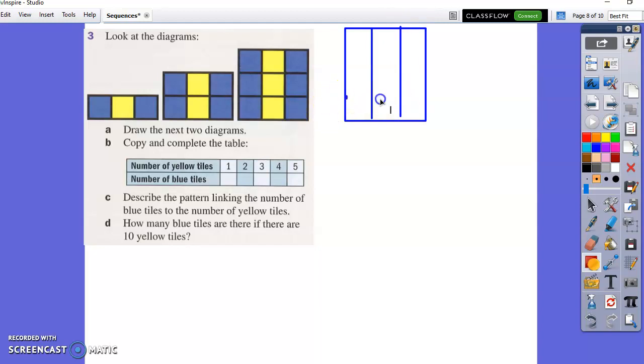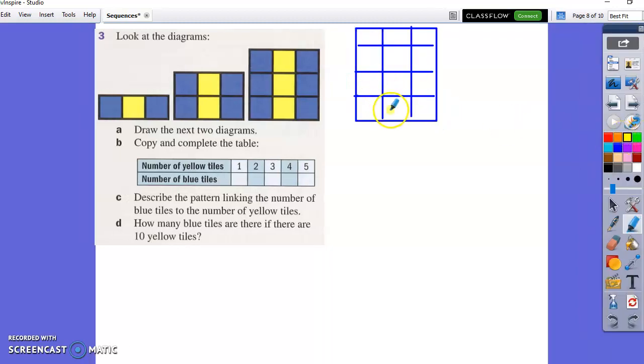It means I will have 4 yellow and how many blues? 8 blues. So if yellow increases with 1, the blue ones increase with 2. So this one is the blue part. If you draw the next one, I will have 5 yellow and how many blue? 10 blue.